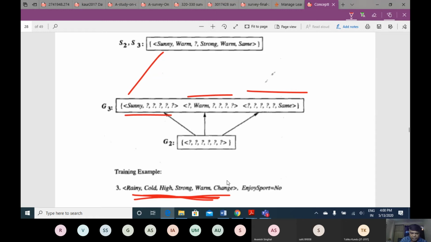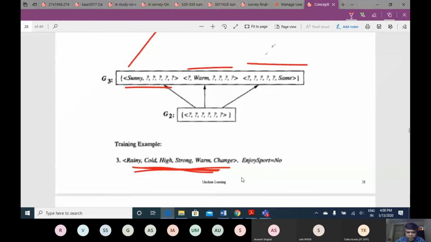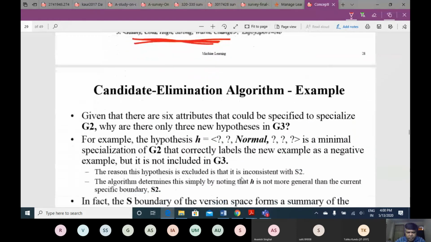This is different, same and change, so we can only include those which are not the same. So we have found the most general hypotheses between these two which do not include this one. Okay, and this is how we keep going, changing our hypotheses.